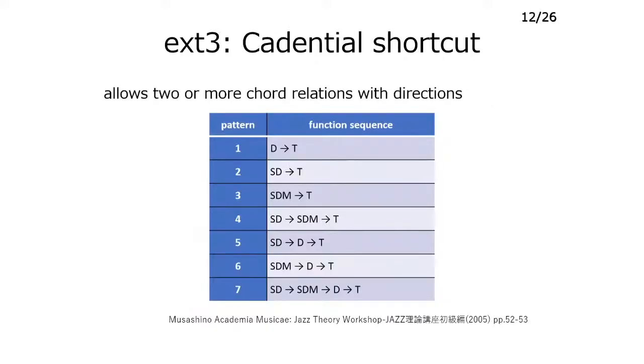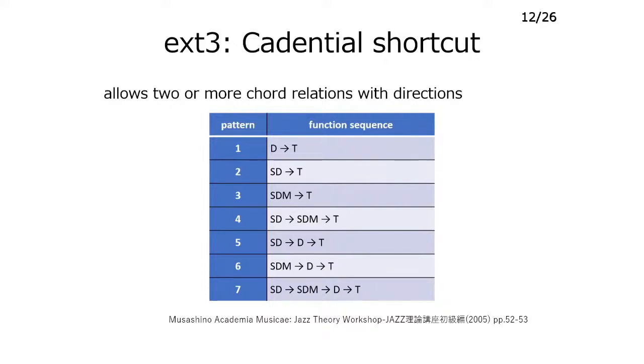Thirdly, we extend the graph further to add new edges, which we call cadential shortcuts. This allows us to consider 2 or more chord relations with temporal directions. We referred to the textbook again and obtained the cadence patterns frequently used in jazz. These are sequences of chord functions, which we have introduced in the first extension.